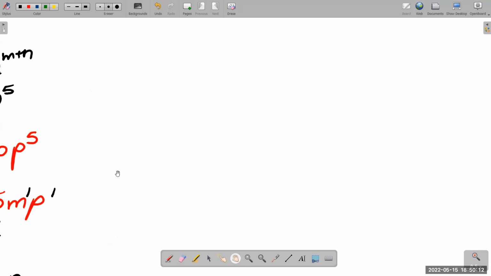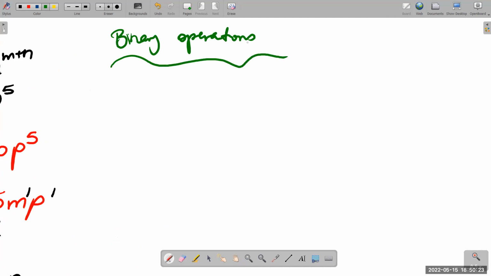Okay, so now we're moving on to binary operations. What we should remember about binary operations is that a binary operation is a type of operation that combines basic operations together. It's like some instructions. For example, if I tell you P star Q, and please note that the symbol could be different.